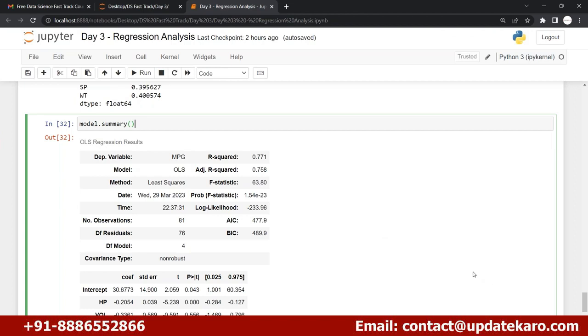The formula of RSS is the summation, in the bracket, of your values minus the estimated values, which means the error. Your original value and your estimated value, in brackets squared, like that, divided by n minus 1.